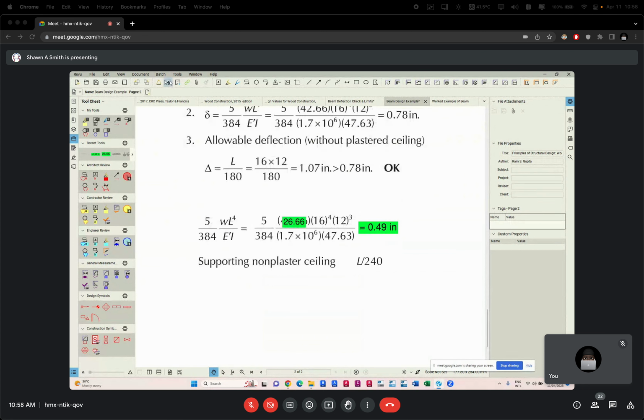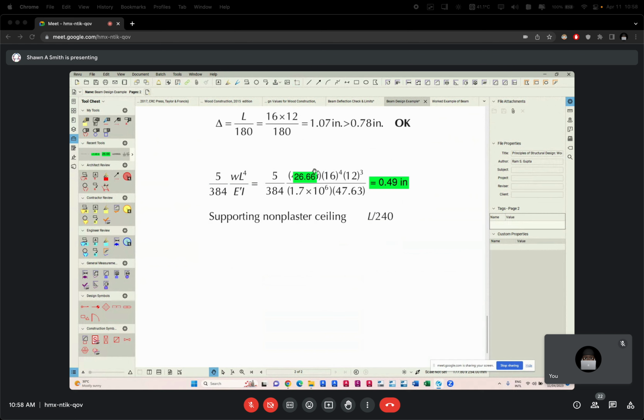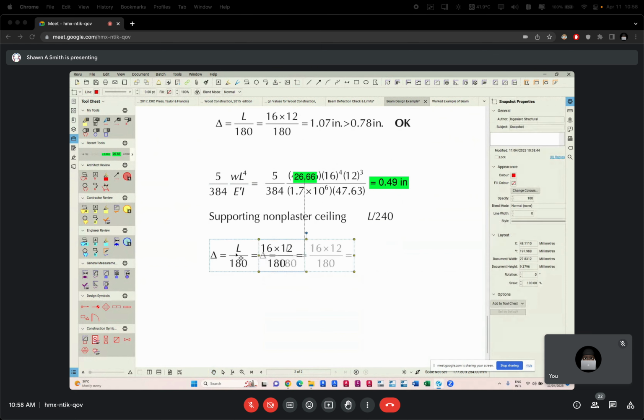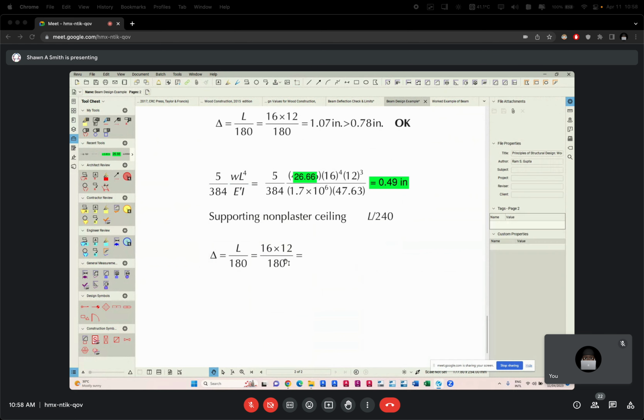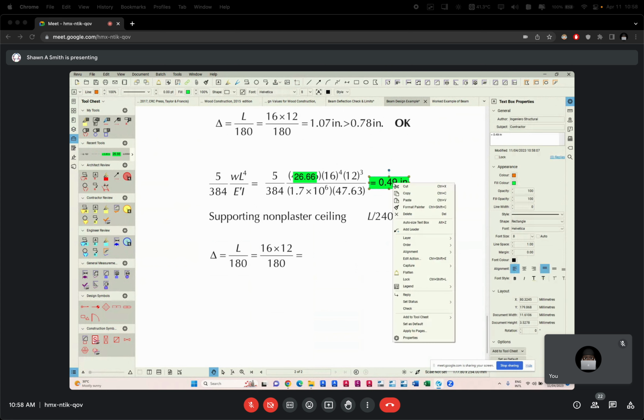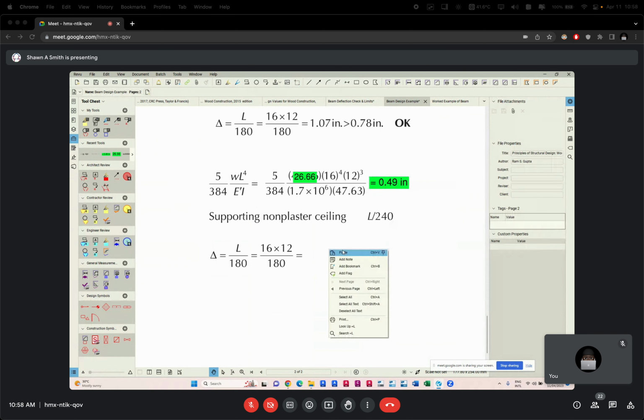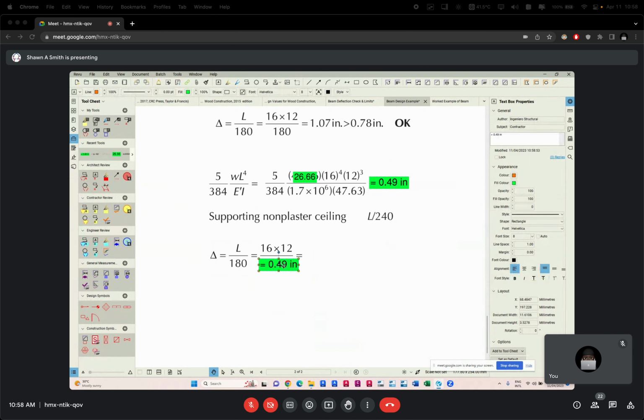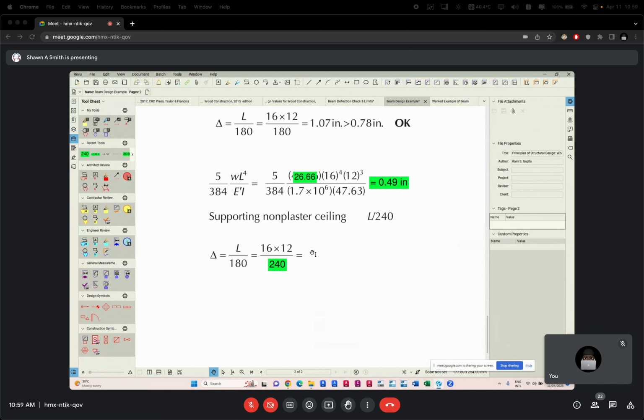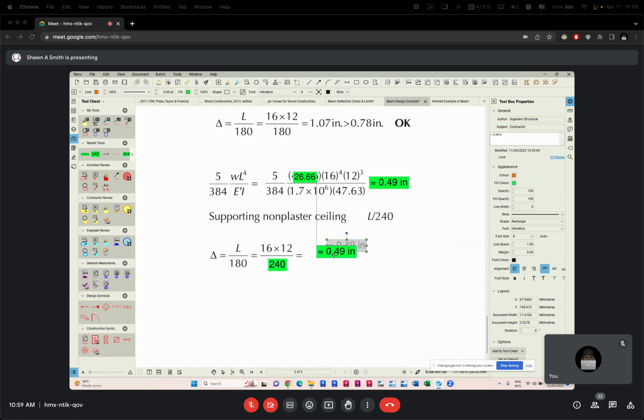So we want to make a copy of this one. All right, so I put this down here, and this now becomes 240, right? Down here becomes 240. And you say that this becomes what was the answer? 0.8 inches.